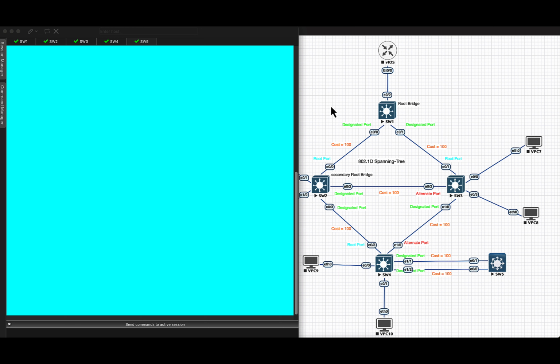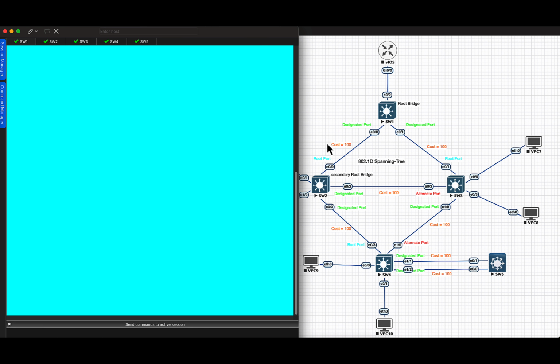So I have moved the root bridge back to switch 1, and then switch 2 is the secondary root bridge. And this is the default operation.